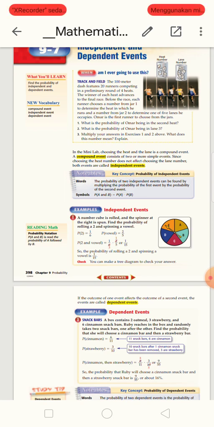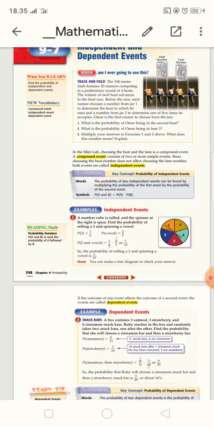P(fowl) = 2 by 5. P(2 and fowl) = 1 by 6 times 2 by 5, or 1 by 15. So the probability of rolling a 2 and spinning a fowl is 1 by 15.